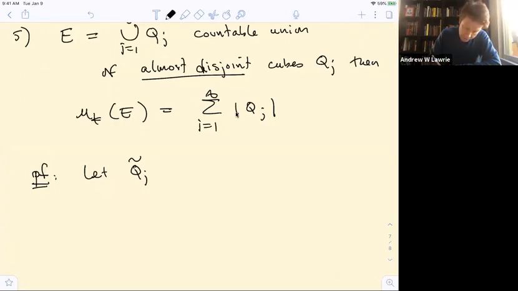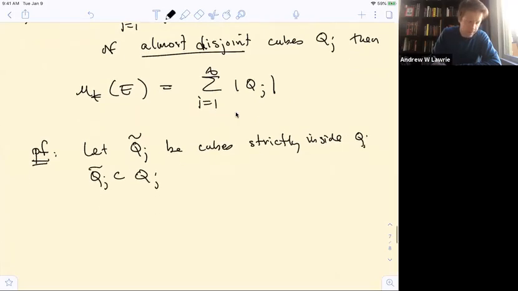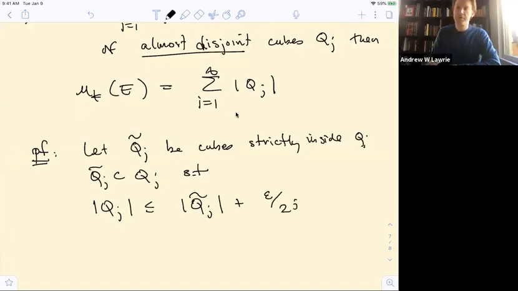Let QJ twiddle be cubes strictly inside QJ, i.e. the QJ twiddle is inside QJ for every J, and such that the volume of QJ is less than or equal to the volume of QJ twiddle plus epsilon over 2 to the J. We're going to do this trick again.